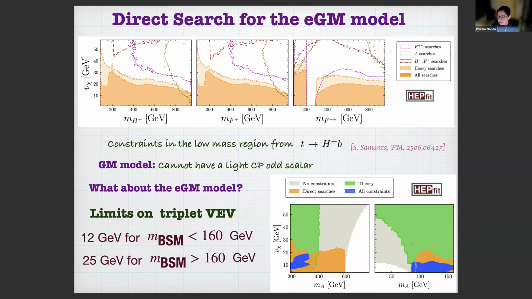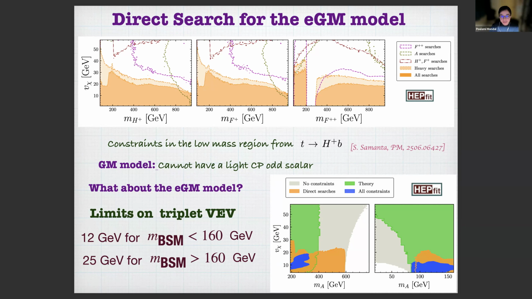Then you put the direct search, and finally all constraints, which means theory, direct search, signal strength, and also the flavor constraints. You can see that the all constraints region, which is the blue region, cannot go lower than about 80 to 90 GeV. So for the CP odd scalar also, you cannot go lower than that if you have a 95 GeV scalar in your theory.